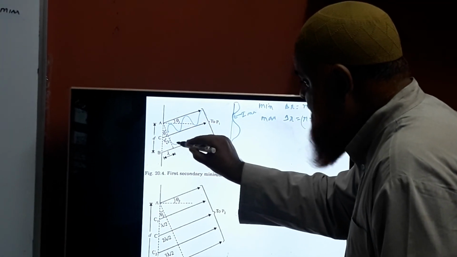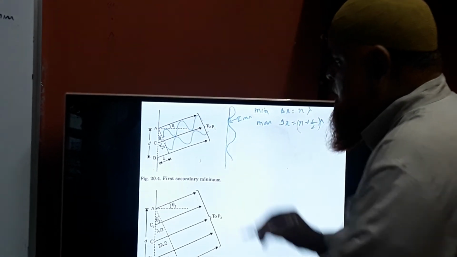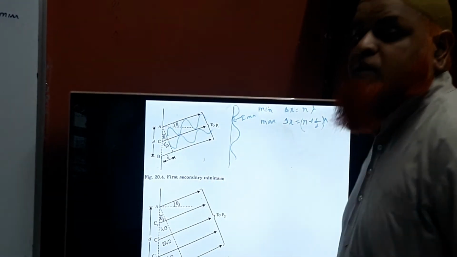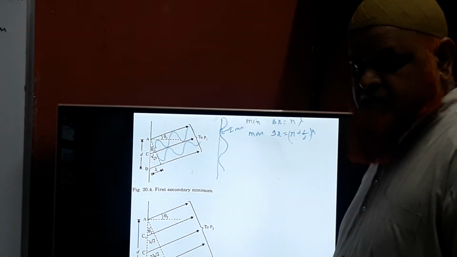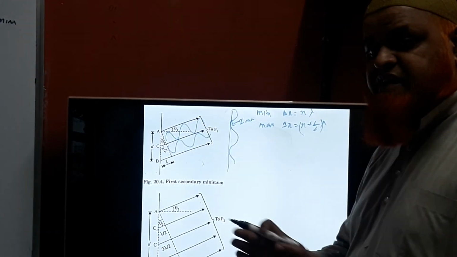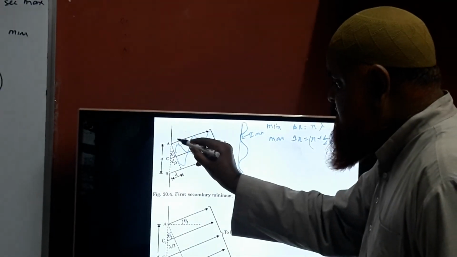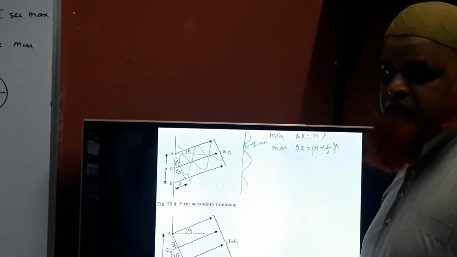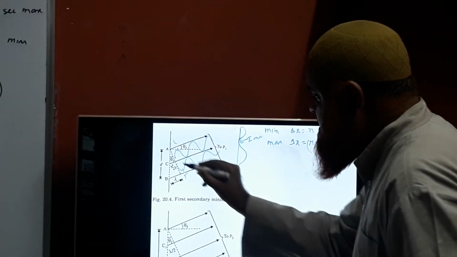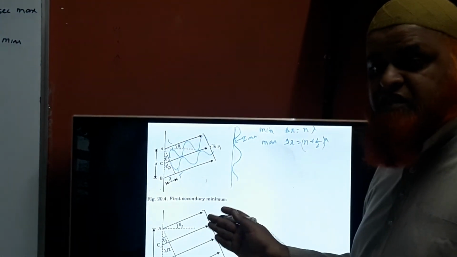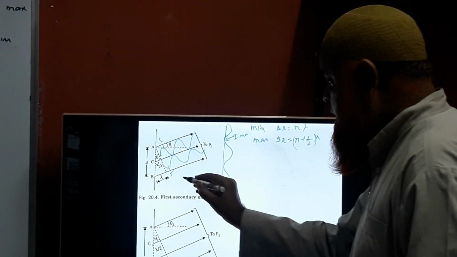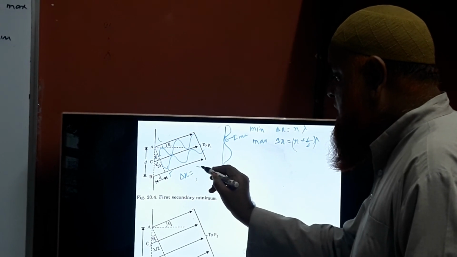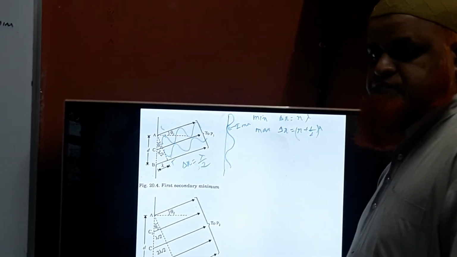In the lower half you will get the wave in this way, which is having destructive interference. The crest of the upper wave is falling on the trough of the lower wave. So what is the meaning of this? What is the path difference between these two waves? Can you tell me? Path difference is going to be lambda by 2.